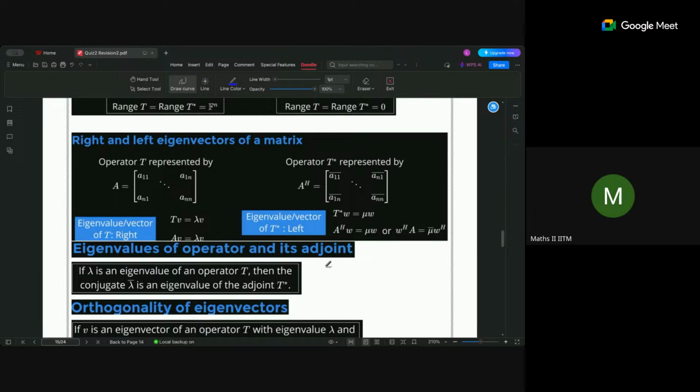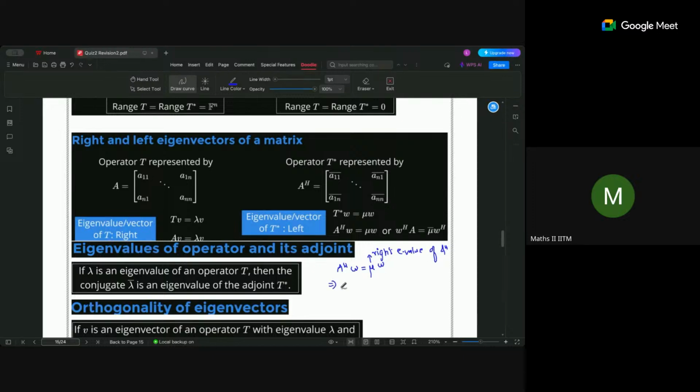Okay, I'm repeating. Let us say A^H w is equal to mu w. So this is the right eigenvector and right eigenvalue of A^H.